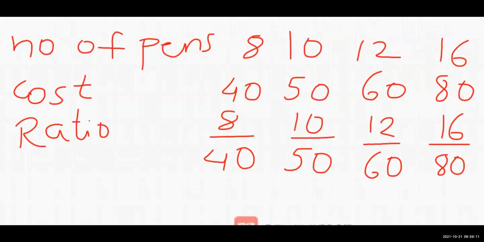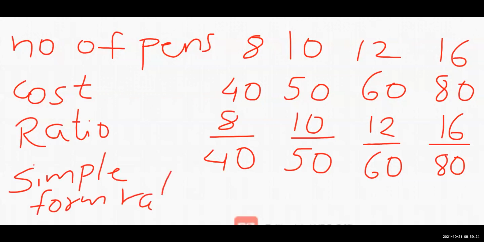Now what will be the simplest form? We find the ratio in simplest form. Now 8 and 40 go in one table, that is the table of 8. 8 ones are 8 and 8 fives are 40.